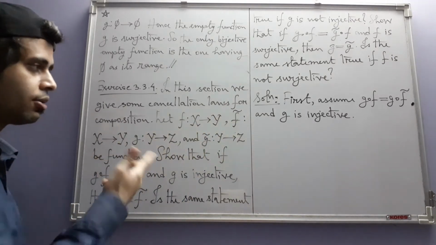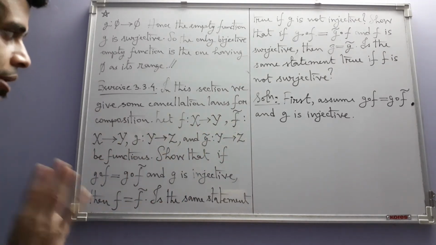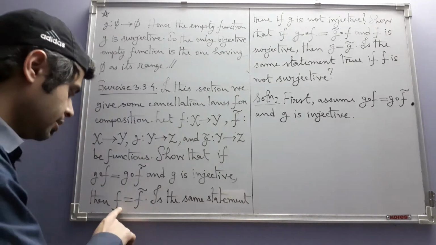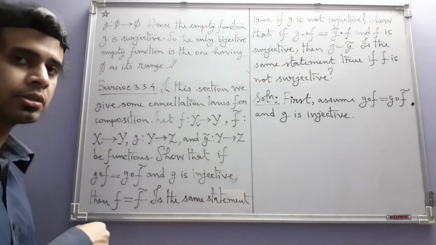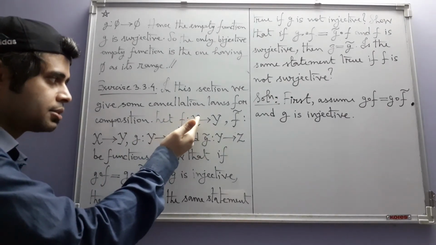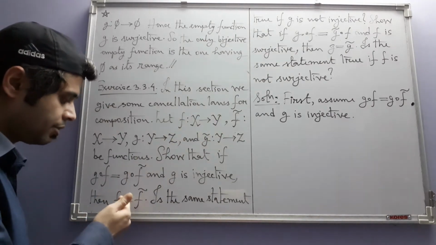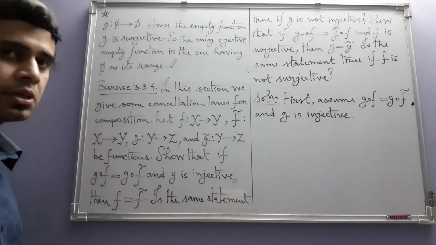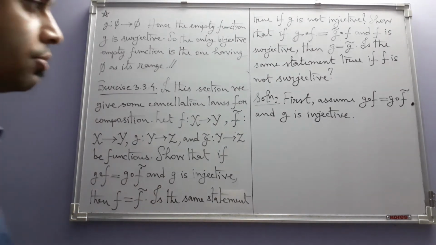The ranges are also equal. So that part is okay. Now we have to show that they produce the same output for the same input. That means if we choose any element x from this capital X, fx should be equal to f tilde x. So that's what we want to show.